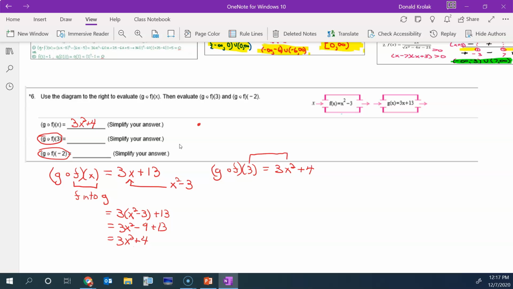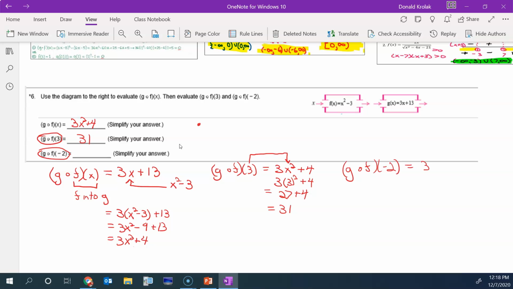And in the place of the x, I'm going to replace it with 3. So that's 3 times 3 squared plus 4. That's 27 plus 4, which gives me 31. Then on the final one, g of f of negative 2, it's the same thing.